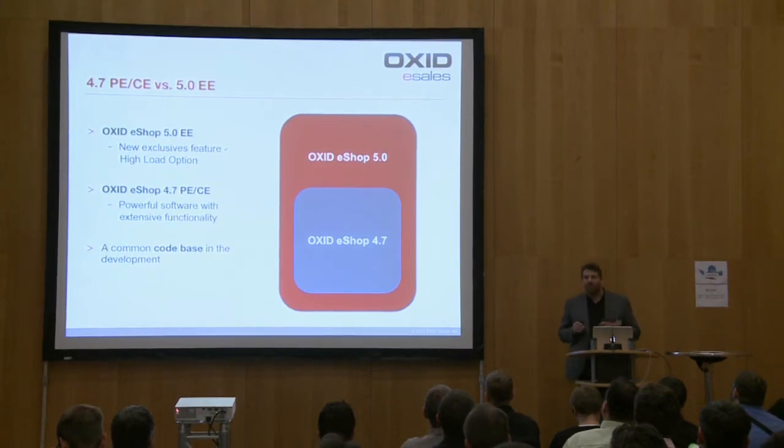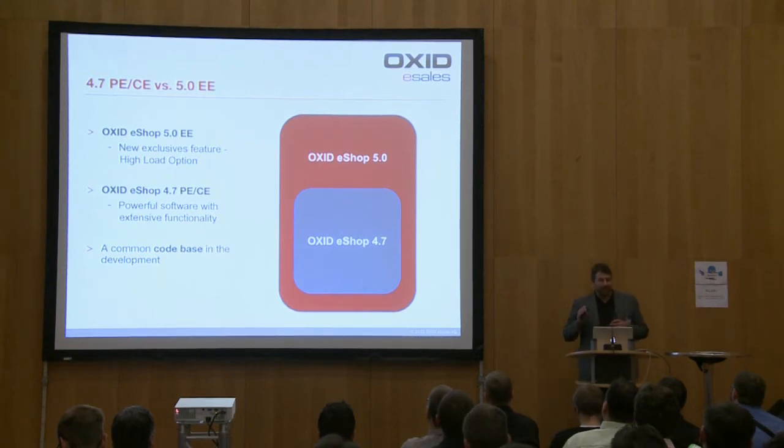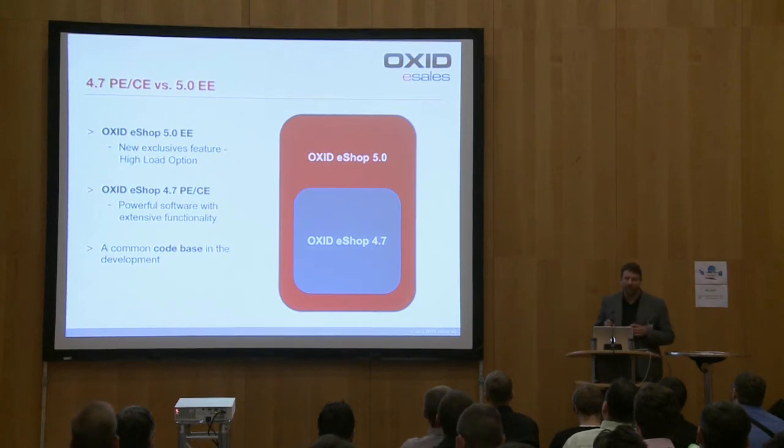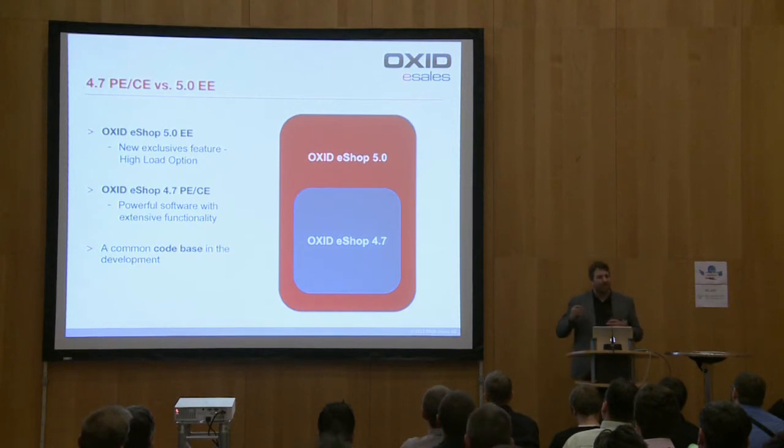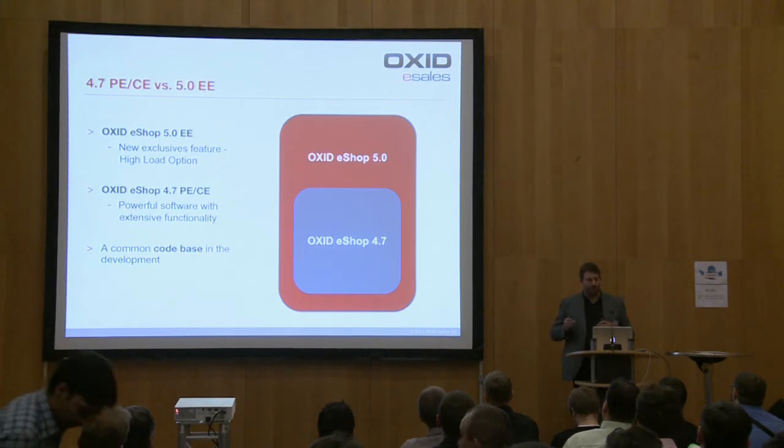And that's why we only called the Enterprise Edition 5.0. However, the core is completely the same in both editions, so both versions. The 4.7 and the 5.0 will always get released in patch releases at the same time because we draw them from a single source code repository.